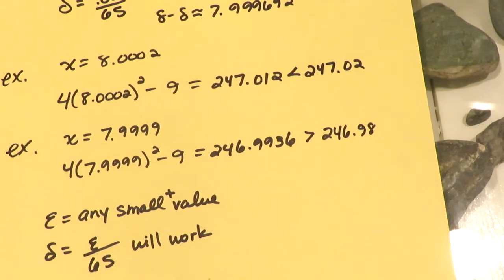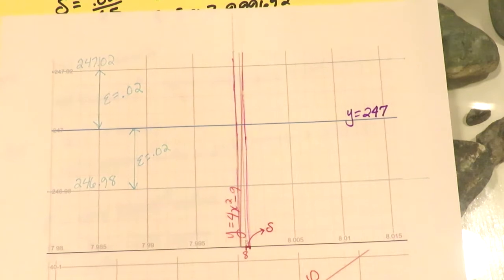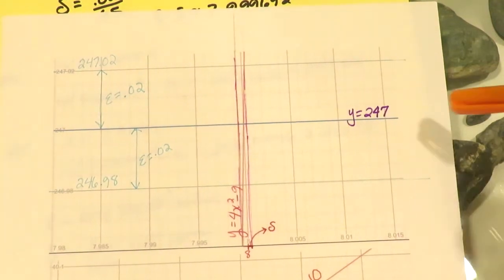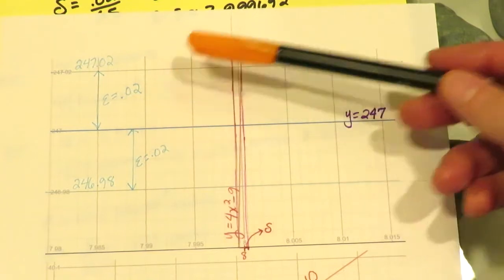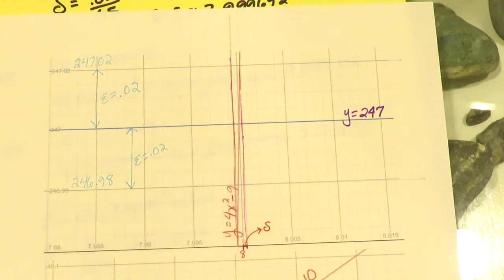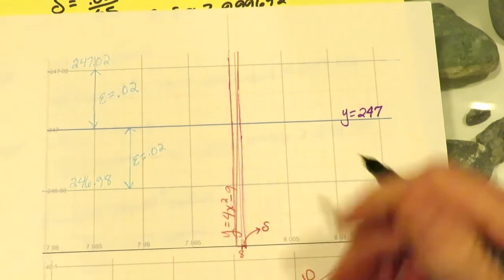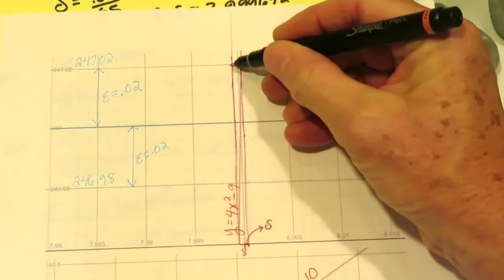Now in terms of our picture, it's a little bit hard to see this because that delta is so small, but here's the 247. Here's epsilon equal to 0.02, which gives us an upper bound and a lower bound, and the boundaries around 8 are hitting it here and here, okay?